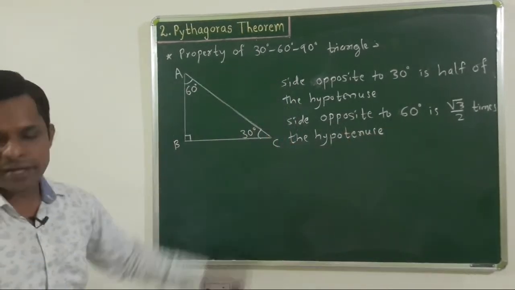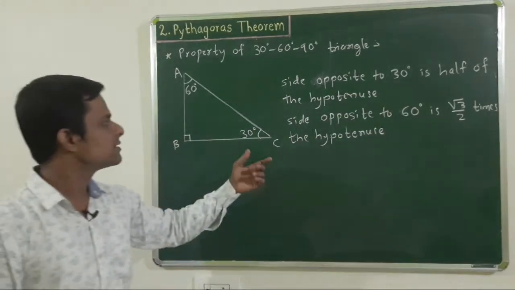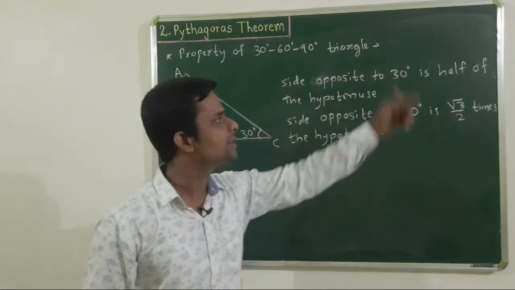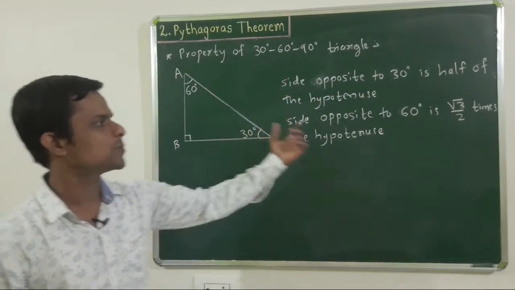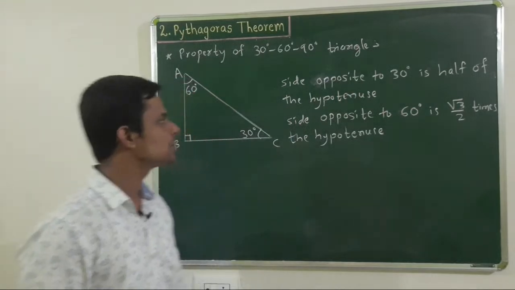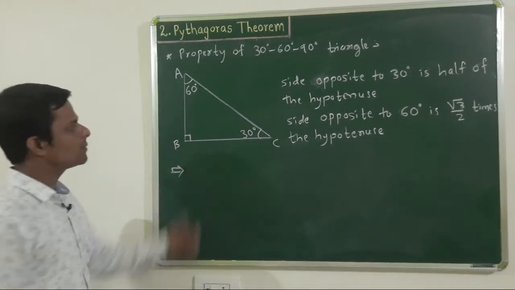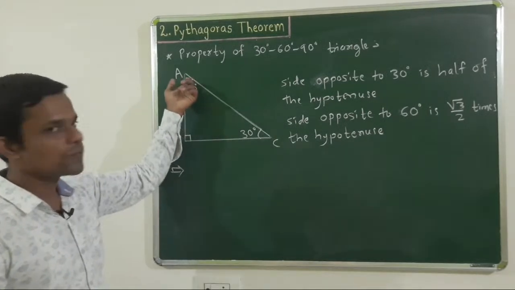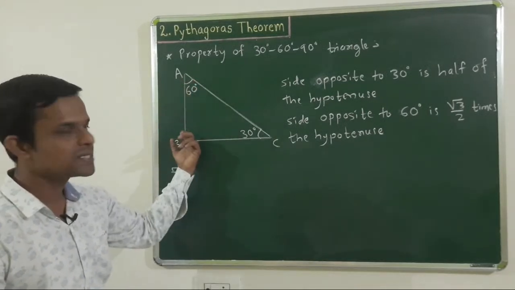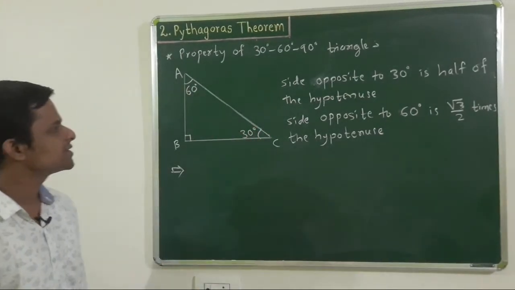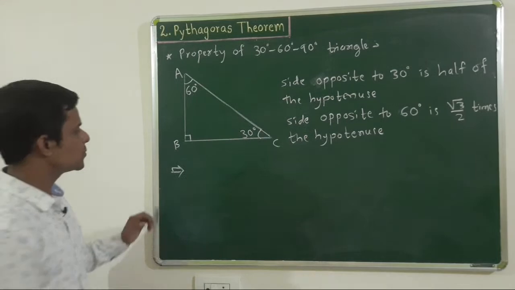In a right angle triangle, if the acute angles are 30 degree and 60 degree, then the side opposite to 30 degree is half of the hypotenuse and the side opposite to 60 degree is root 3 by 2 times the hypotenuse. The meaning of this statement is: given triangle ABC, angle A is 60 degree, angle B is 90 degree, angle C is 30 degree, so triangle ABC is a 30-60-90 degree triangle. What is to prove?